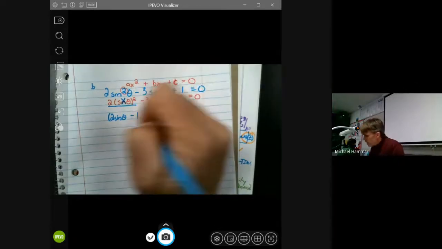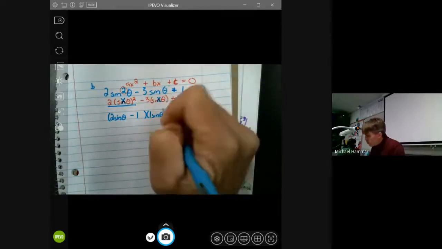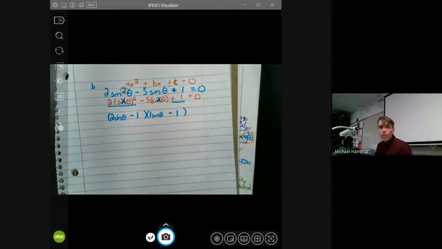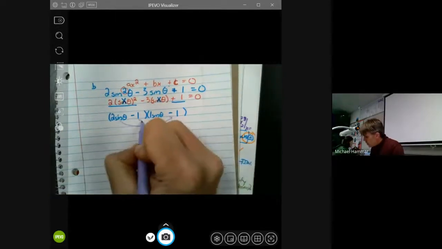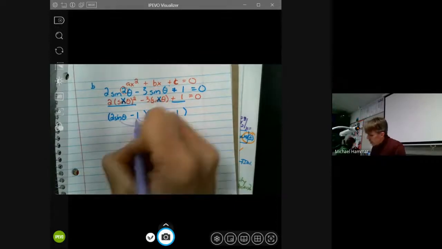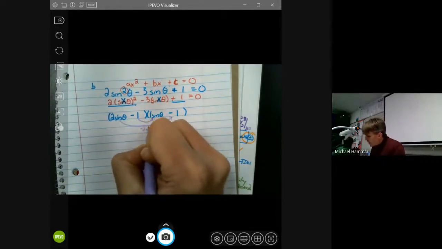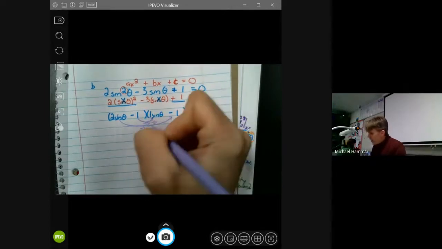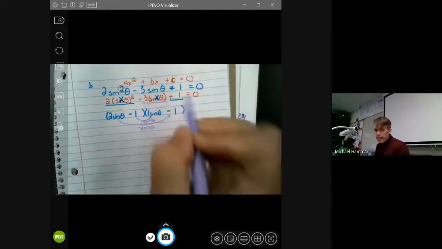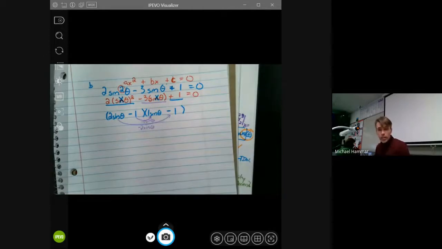I notice that this is a negative number, so I know there are going to be negative 1s there. Because if I do this times this, and this times this, I get negative 2 sine of theta and negative 1 sine of theta. And that, of course, adds up to negative 3 sine of theta.